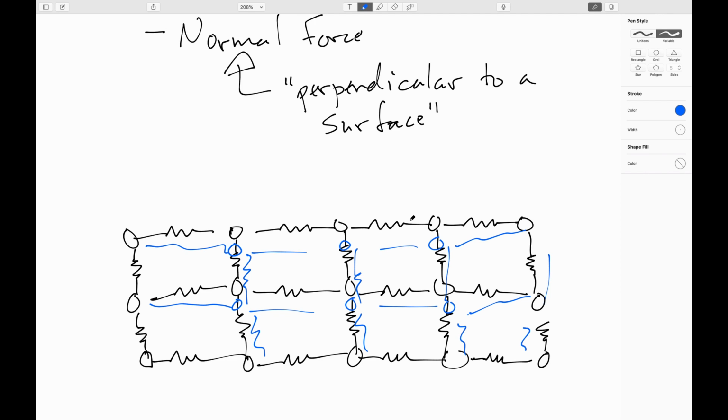And in order to do that, it's going to have to try to push out of the way whatever's on top of it. And so you wind up exerting the normal force. And this bit is perpendicular to the surface. Now, there are also lateral interactions that can be happening with these atoms. That gets modeled by friction.